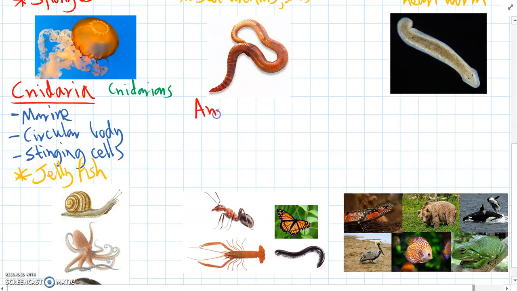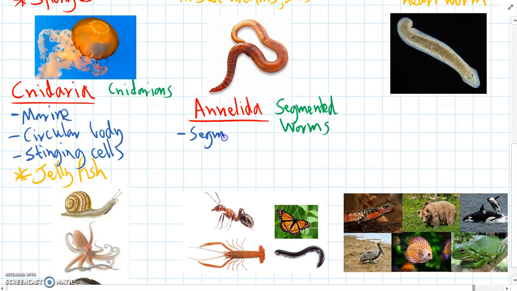Alright, the next group is called Phylum Annelida, which are the annelid worms, or commonly called the segmented worms. Because if you look at their body, you can see in the picture that their body is made up of different segments, all joined together, different sections.